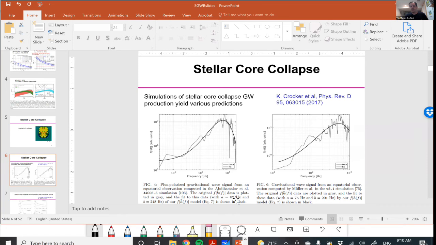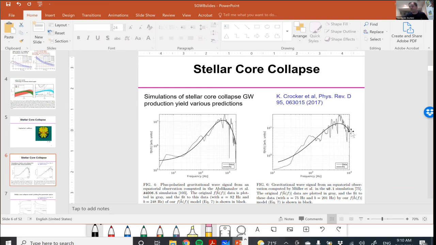These simulations actually came from other papers, like this one here came from Abdikamalov et al. This one here came from Bernhard Müller et al. But the reason I'm showing them here is to just indicate, at least in these two models, it looks like there is a peak at about a few hundred hertz or so in gravitational wave production.